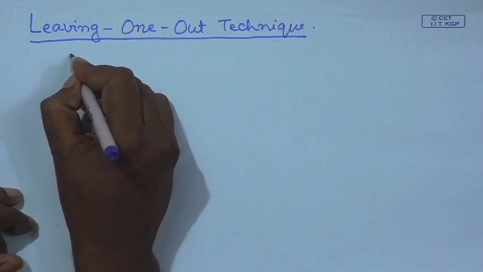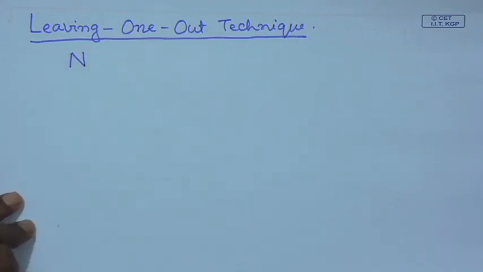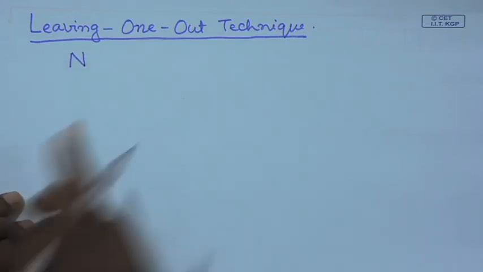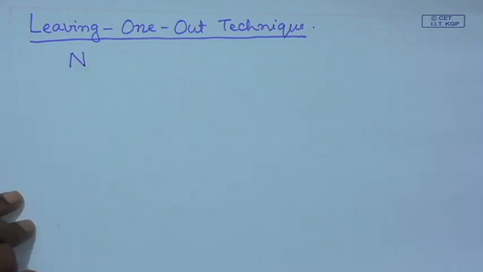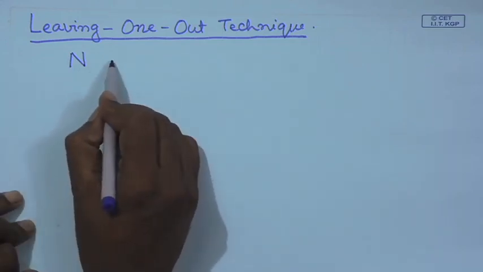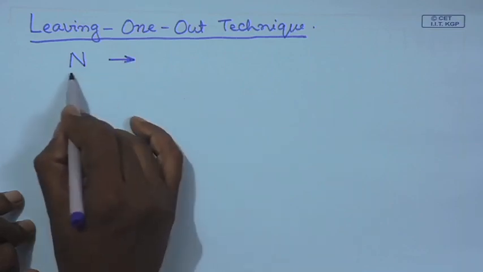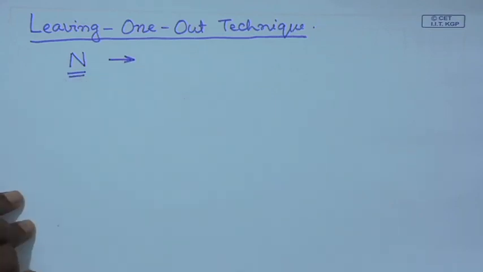So, the leaving one out technique is basically a virtual technique by which even a limited number of training samples or test samples can be posed as a large number of samples. Suppose you have been given N training samples. What this technique does is, you set aside one of the training samples for testing purposes.